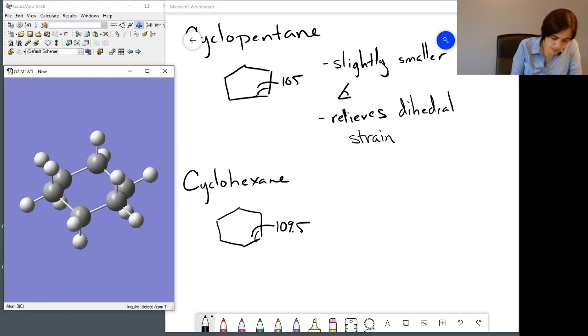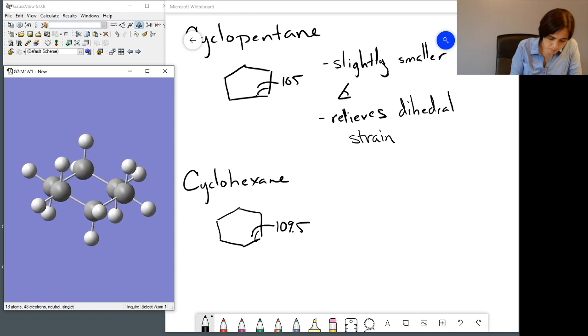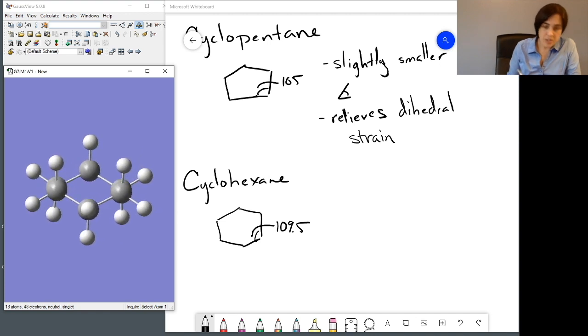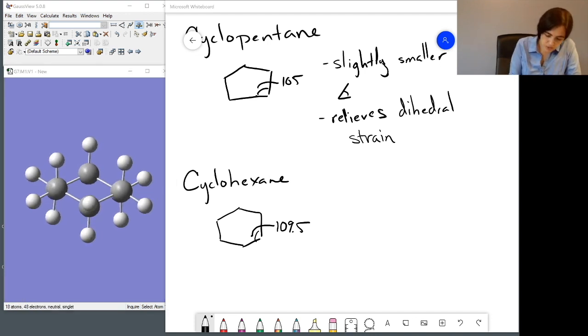So in a cyclohexane, you can see that if we bend the molecule so that we rotate it, we can achieve essentially the ideal conformation. So we've reached the ideal bond angle.